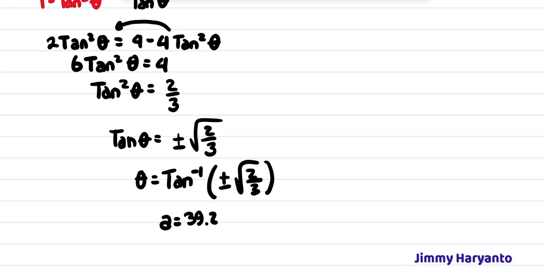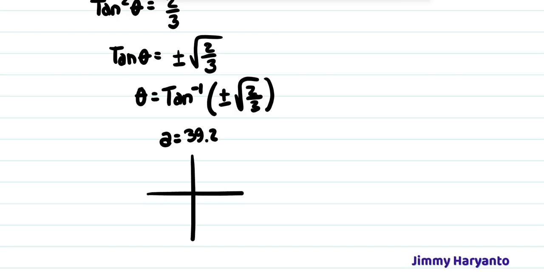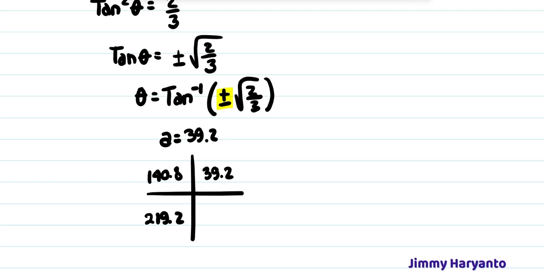And the basic angle is 39.2, and then we'll use the quadrant to locate the angle, yeah. Because this one is plus minus, that means all of the quadrants. The first one is 39.2, second one is 180 minus 39.2, it's 140.8, and then the third is 180 plus, that means 219.2, and the fourth is 360 minus, it's 320.8.